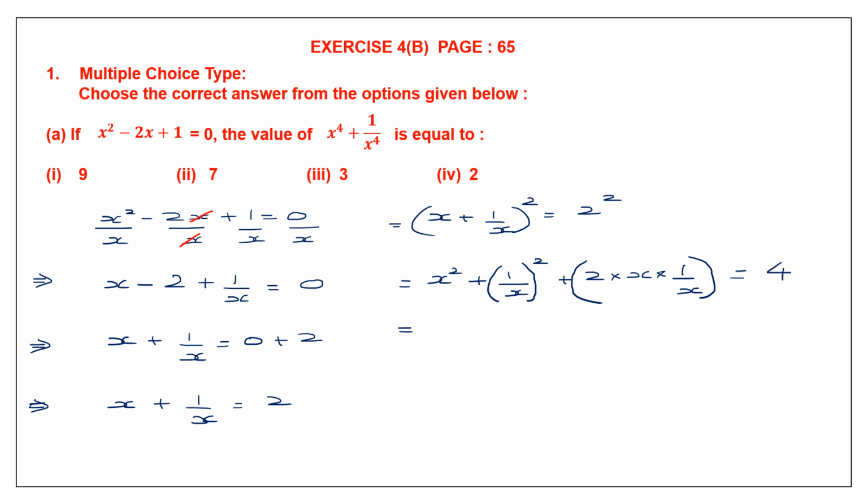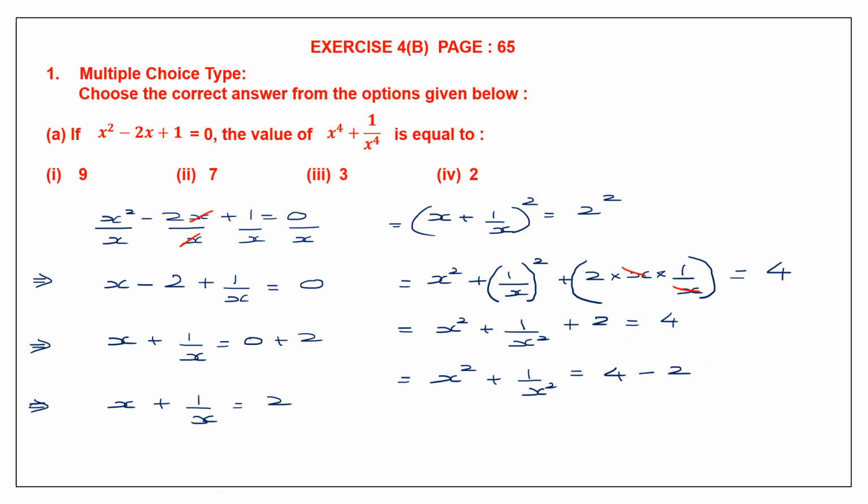Now simplifying this, we have x square plus 1 by x square plus, now here we can cancel x, and what do we have here? 2. This is equal to 4. So now we have the value for x square plus 1 by x square, and that is 4 minus 2, because we are carrying this 2 to the other side.